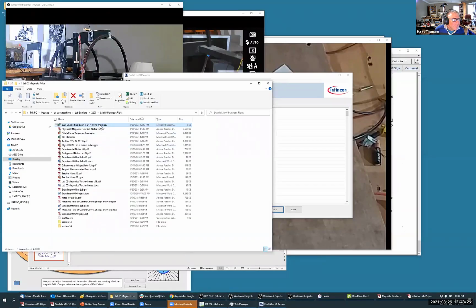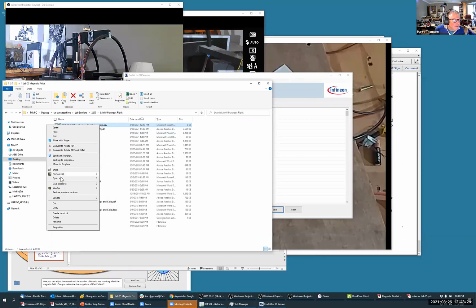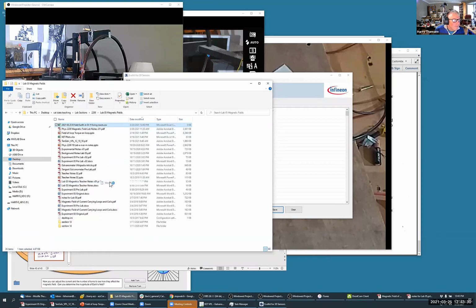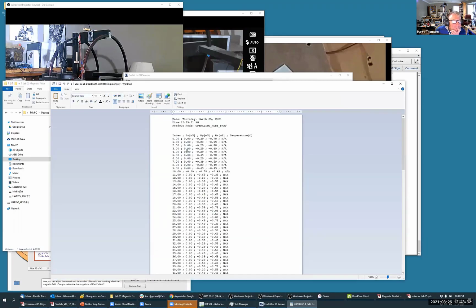And open with WordPad. And I want to replace semicolon with a comma. And there it is.